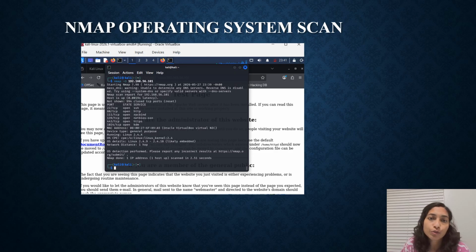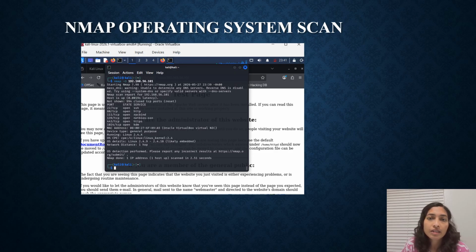Nmap also shows that there's only one hop between my machine and the target. That means I'm not passing through any routers, firewalls, or external network devices, and that makes perfect sense because this is a virtual lab environment.